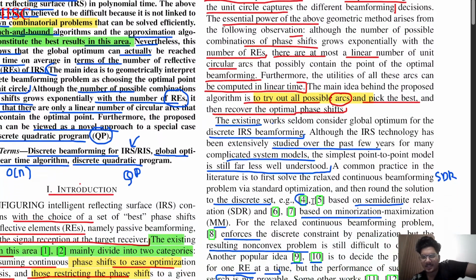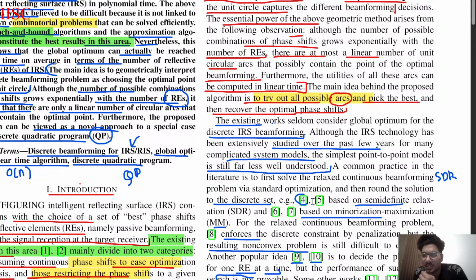The existing work on the global optimum for discrete beamforming: although IRS technology has been intensively explored in many literatures using different complicated system models, the simple point-to-point model is still far less understood.